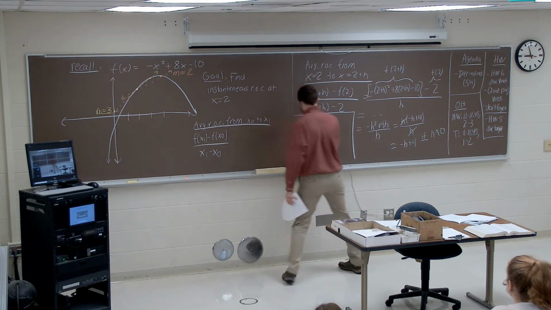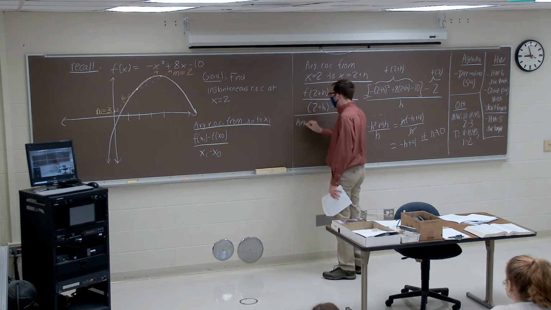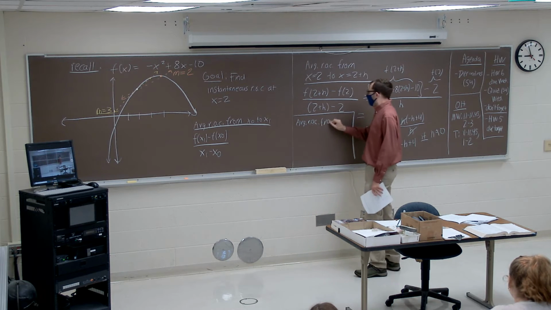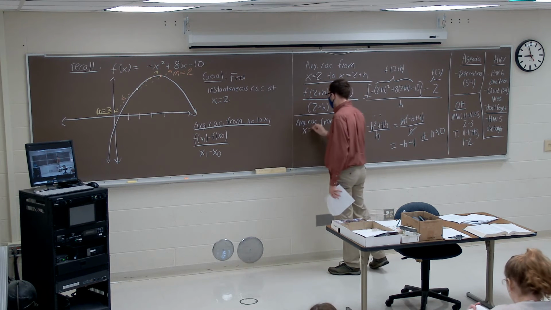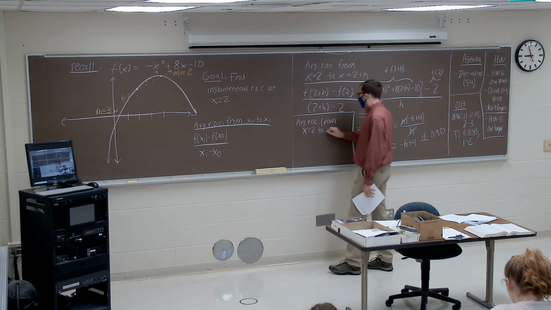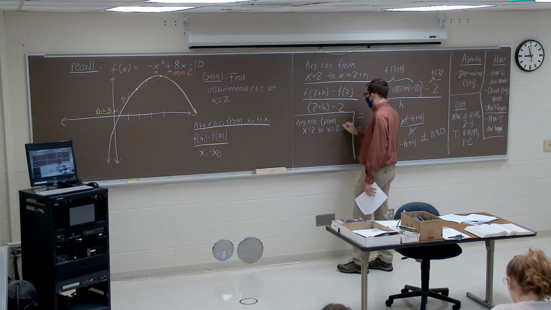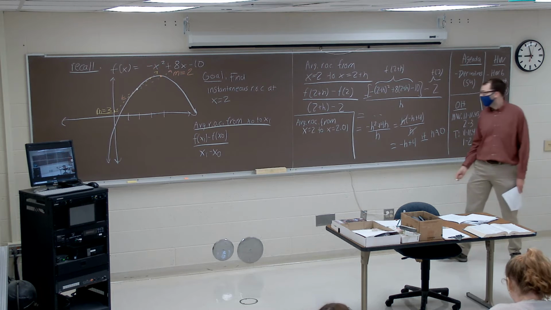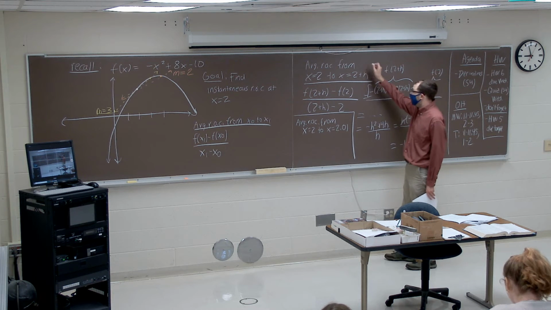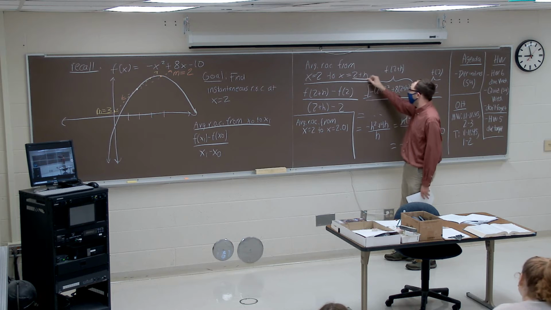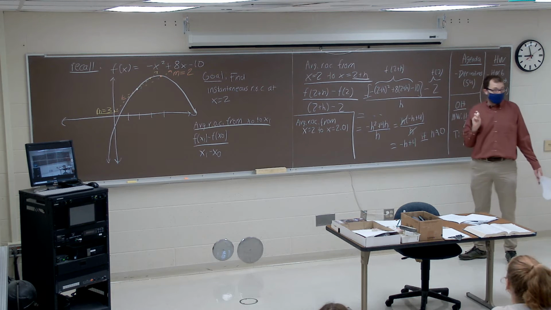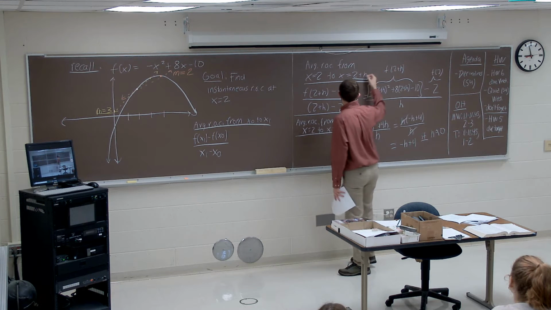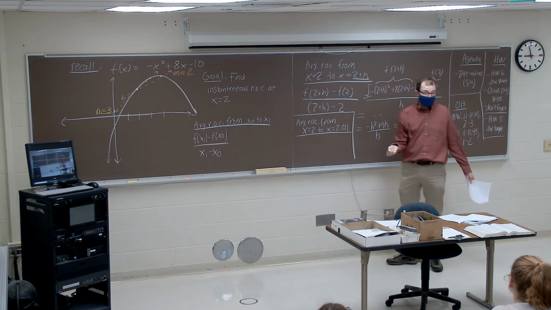We could say, for instance, if we wanted to calculate average rate of change from, let's say, x equals 2 to x equals 2.01, we could say, well, 2.01 is going to be equal to 2 plus h, for h equals just 0.01.